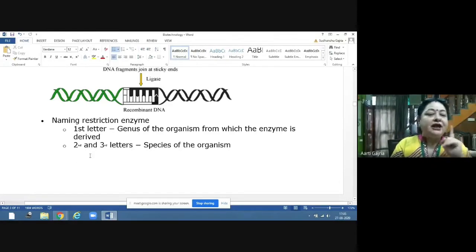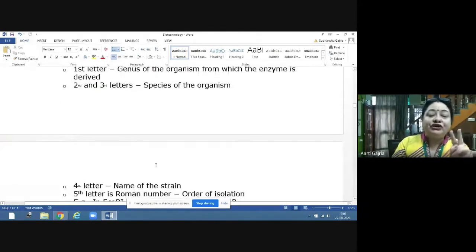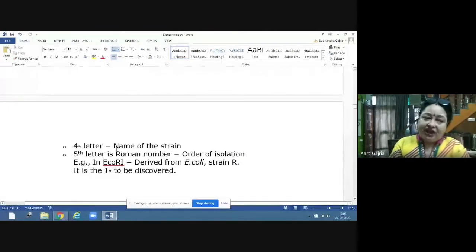The second and third letters are the species. The fourth letter is the name of the strain. The fifth is the Roman number of isolation. Number of isolation means whether it was isolated first or fifth, like that.